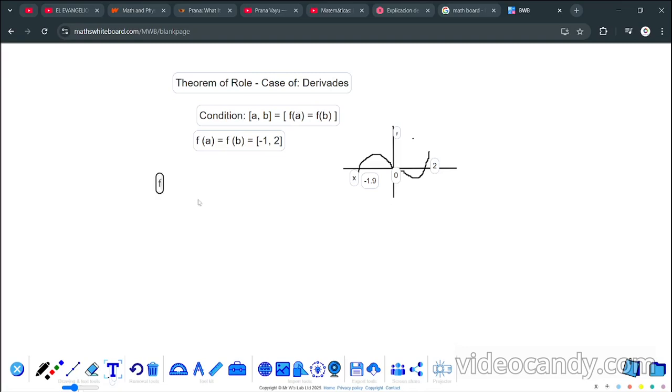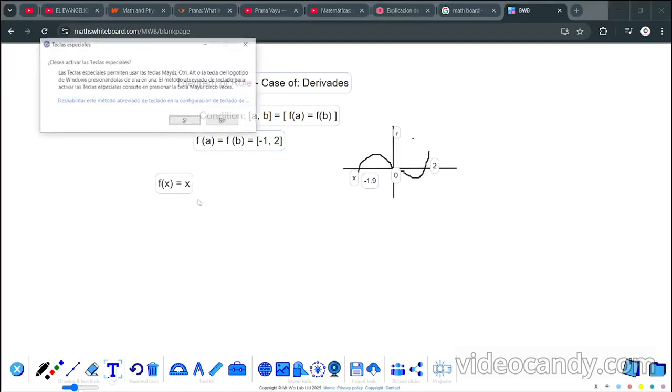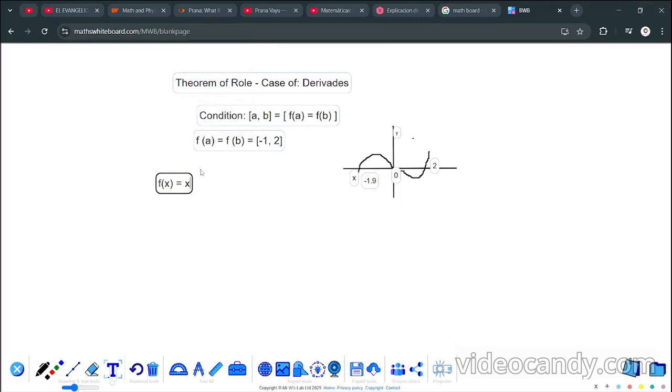It is like this. Fx is equal to x, let me see. I have here this potential sign. Yes, this sign 3, for example, and then minor 2 multiplier by minor 1.